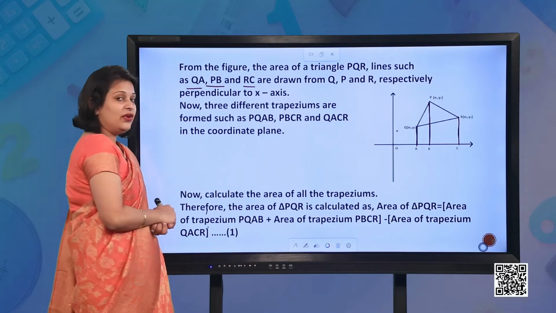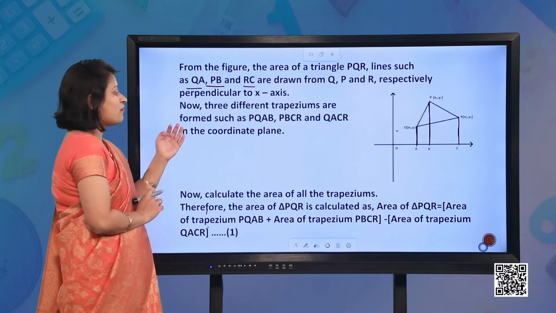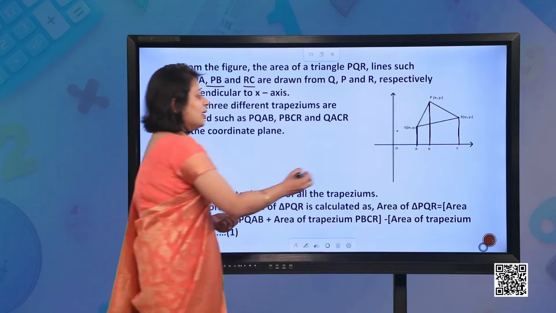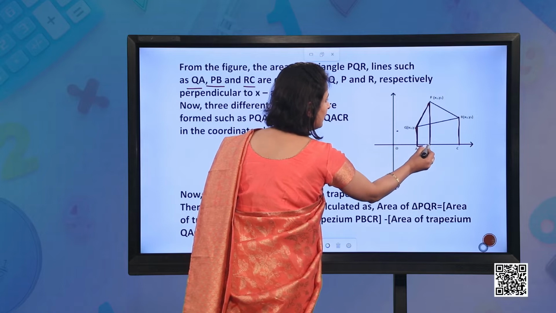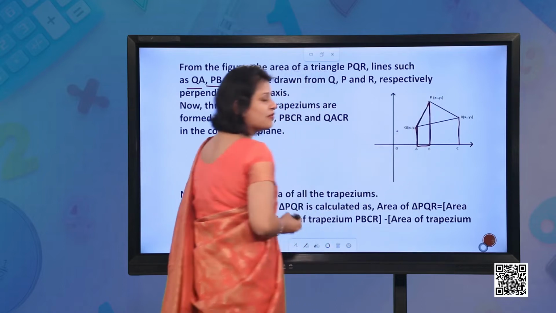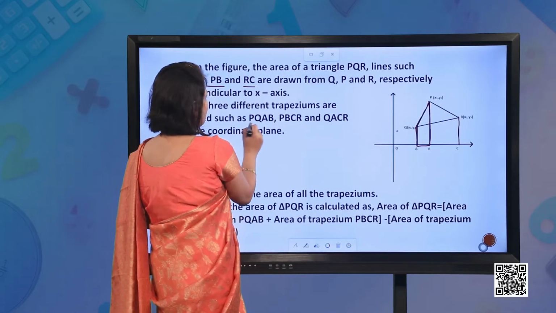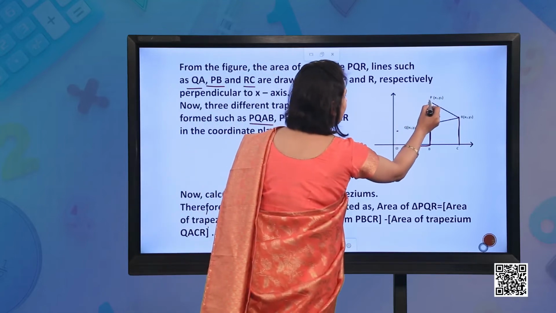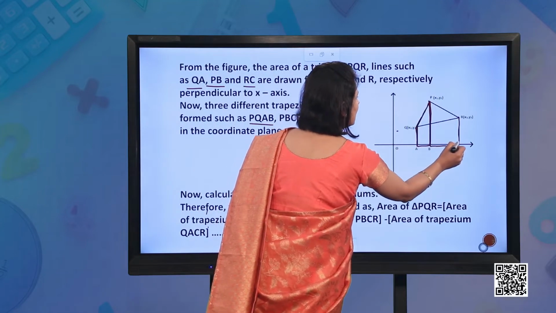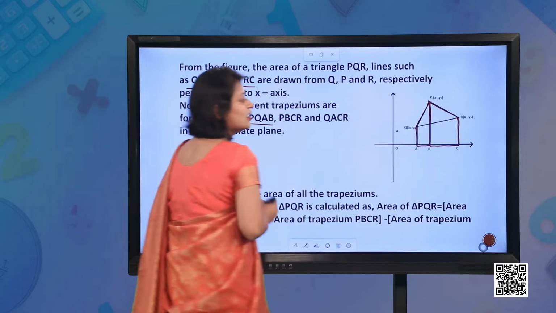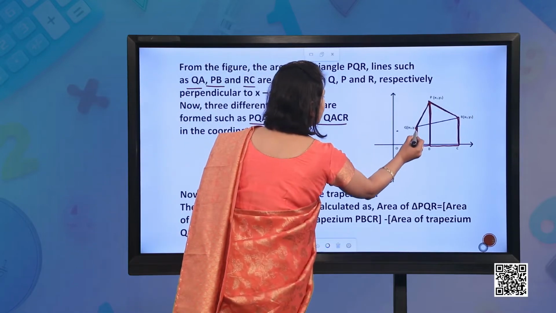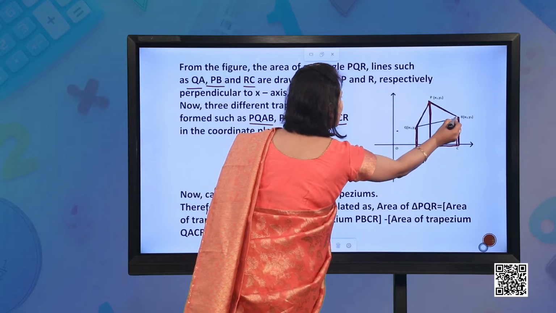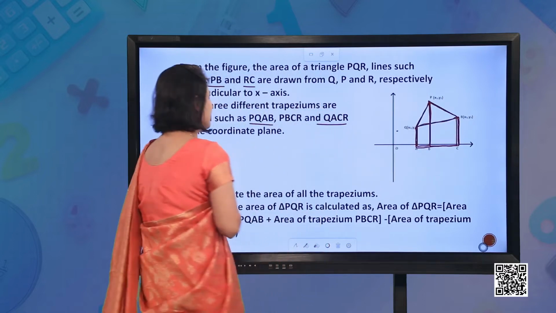Now, three different trapeziums are formed: PQAB, this is the first trapezium; second one, PBCR, this is the second trapezium; and QACR, this is the third trapezium.